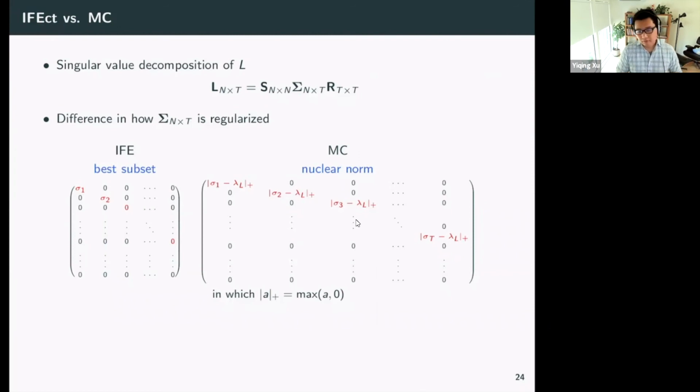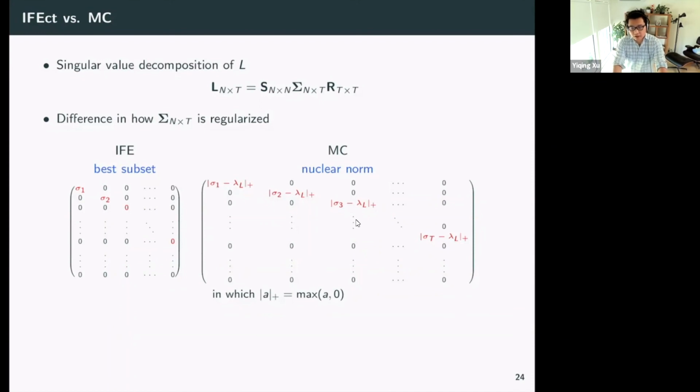Another way, maybe a more natural way to regularize the eigenvalue matrix, is to subtract a number, a tuning parameter, from each of the eigenvalues. The eigenvalues will be different, right, from the biggest to smaller and smaller. You subtract one fixed number, which is a tuning parameter, and then keep the positive part as the eigenvalue in the SVD.